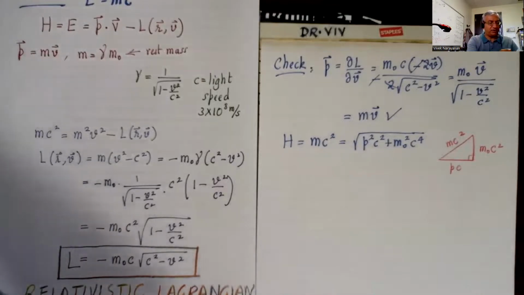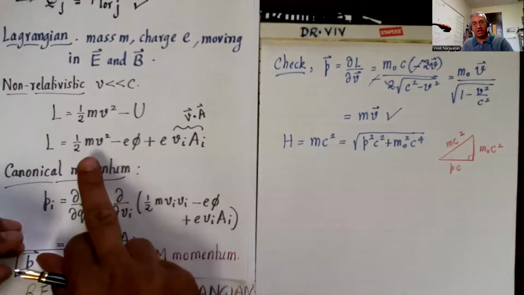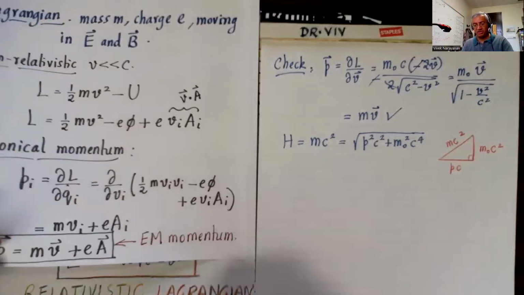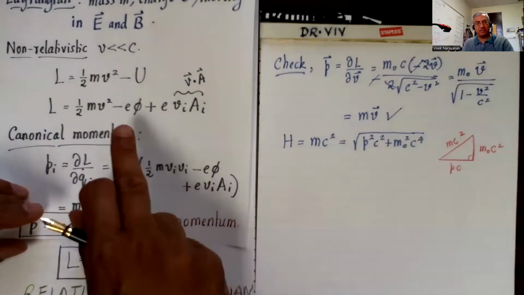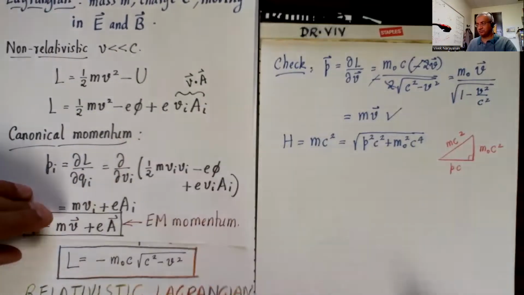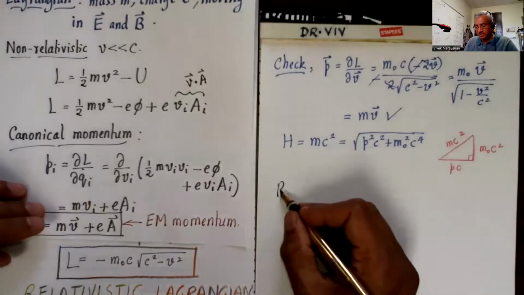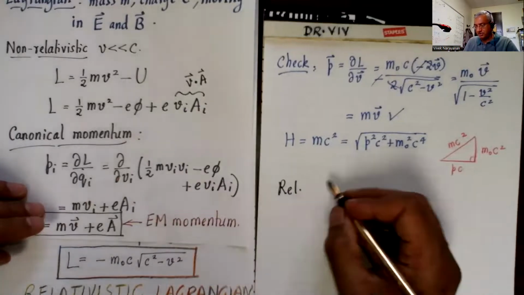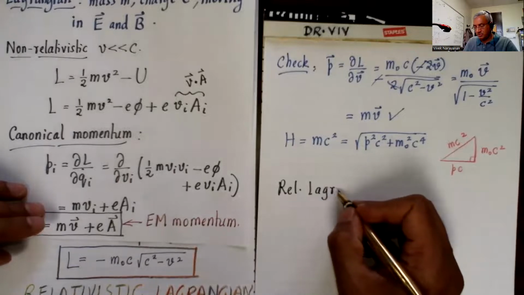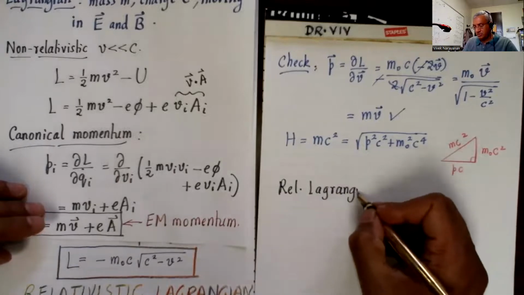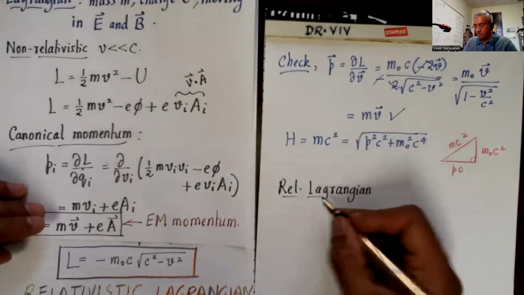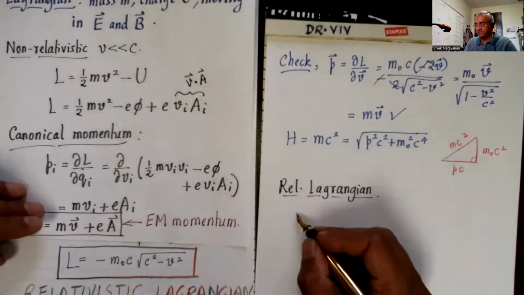So all we have to do is, instead of writing 1/2 mv squared for the kinetic energy term, we have to write this, and we'll keep the rest the same. So the relativistic Lagrangian will simply be the following.